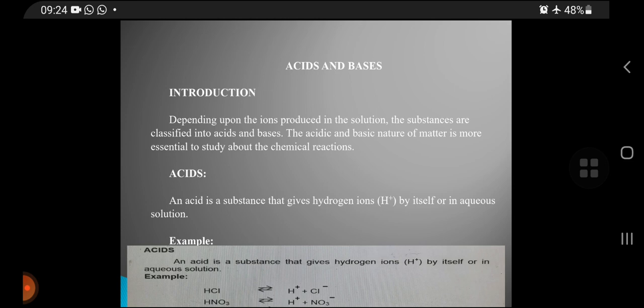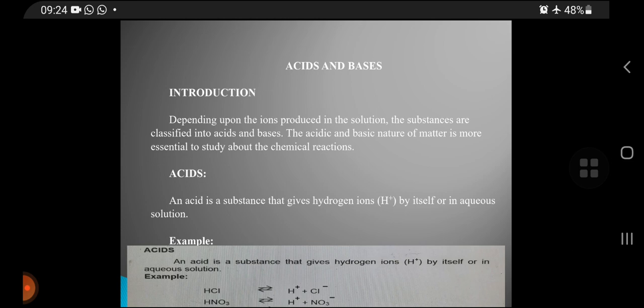What is acid? An acid is a substance that gives hydrogen ions, H plus, by itself or in aqueous solution. That is called an acid.